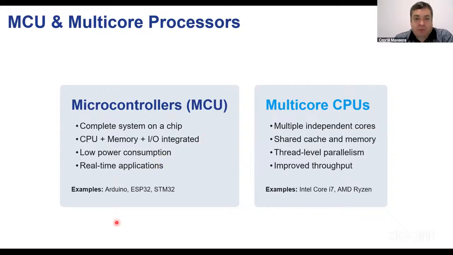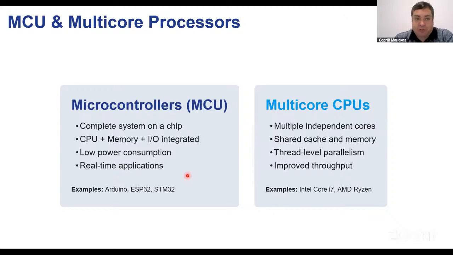An MCU, for example, may be an Arduino board, an ESP32 or STM32 chip. They are cheaper than Intel or AMD. They are simpler.